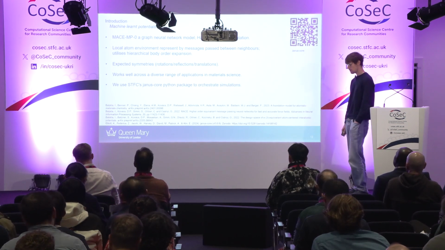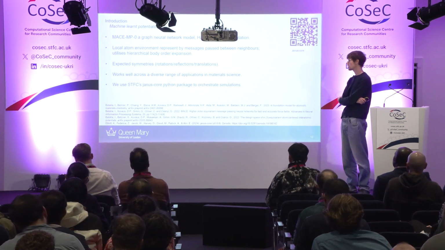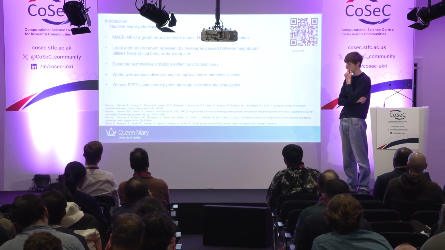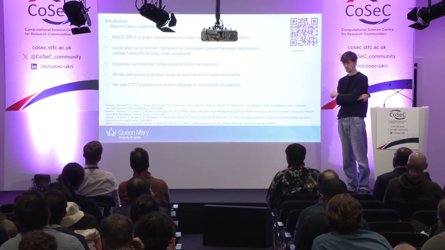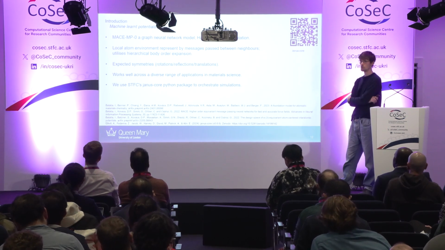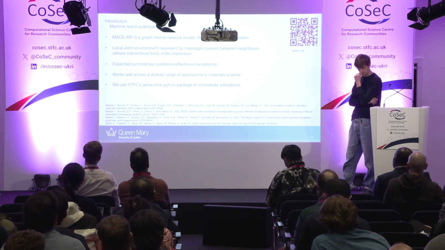So onto the machine learned side of the potentials we're going to look at. The MACE set of models, the machine learned atomic cluster expansion models, are new potentials that have come around recently and had diverse successes across a broad number of materials modeling applications, molten salts being one of them. This is based on a graph neural network model.